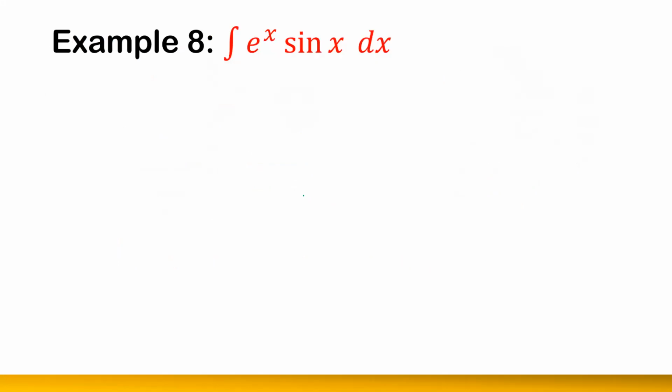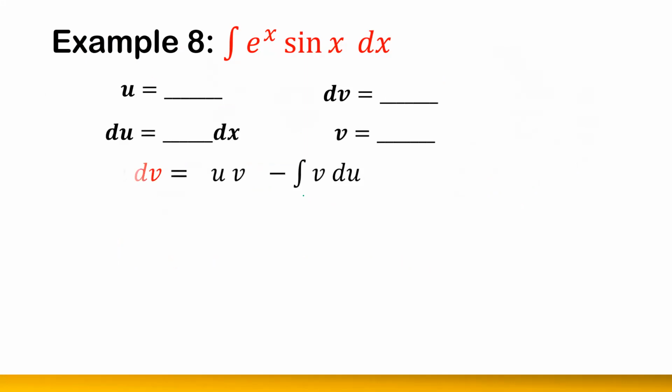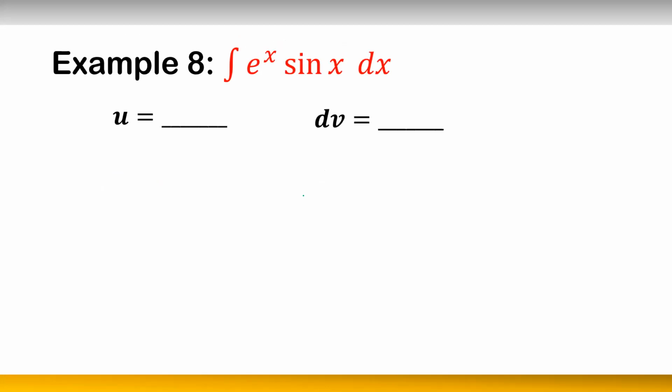This time, we're given with the integral of e to the x sine x dx. Okay? Ayan na naman yung ating template. Consider that your template or your given pattern. Okay? So, ang lalabas, ano yung ating u kaya dyan sa liate? It's the, yan, balikan natin. It's the e to the x. Okay?